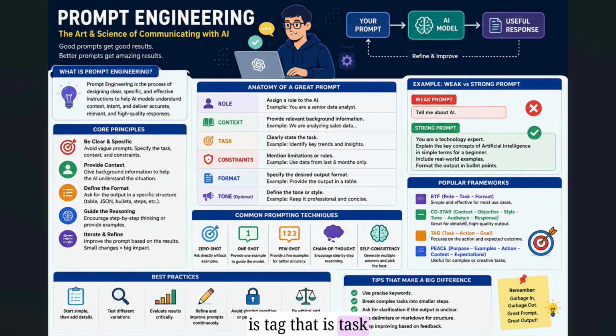Next is TAG, that is task, action and goal. It focuses on the action and expected outcome. And next is PEACE: purpose, examples, action, context, expectations. First you give a purpose and share some examples, tell what actions to be taken, what the context is, and what output you are expecting.